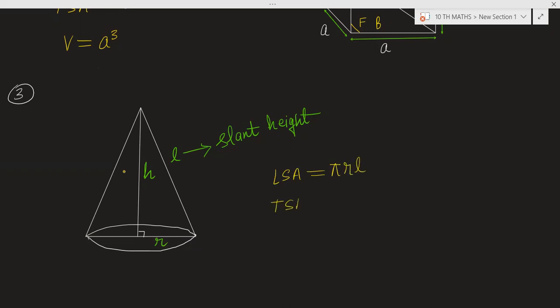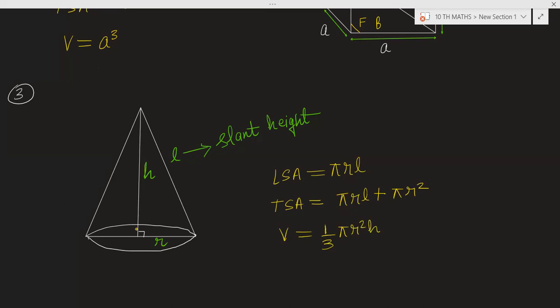Total surface area, if you include the base, then that will be what? That will be lateral surface area plus area of the base of the cone. That will be pi r L plus pi r square. Now volume of the cone is given by 1/3 pi r square into h.